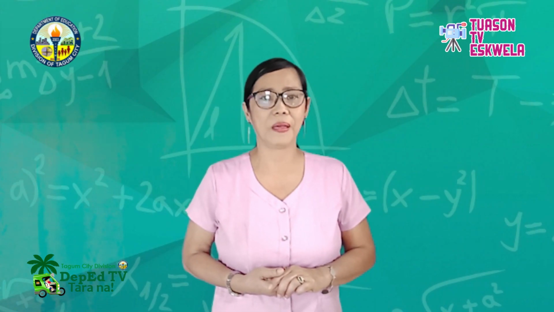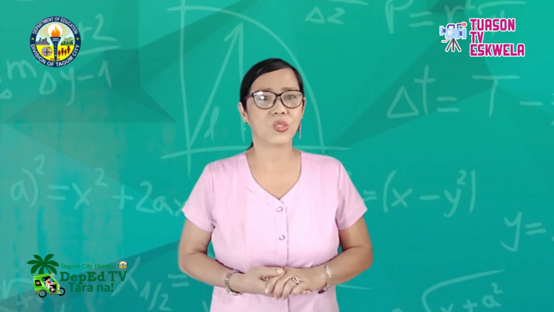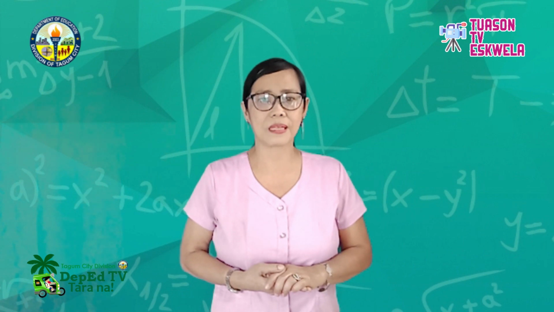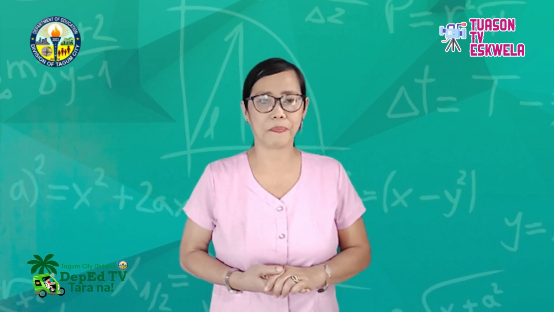For step number 5, the A. Add the result in step 4 to the lowest value or the number in step 3. Since we have the values 60 and 90 for P sub 35 and 120 and 180 also in P sub 70, we take the 60 for P sub 35 and 120 for P sub 70.